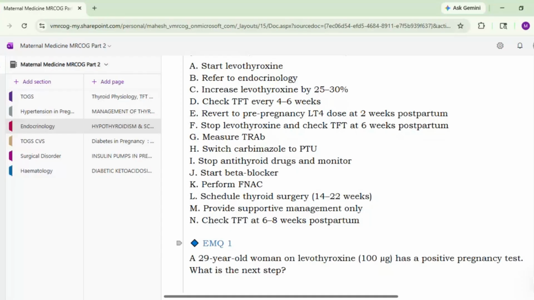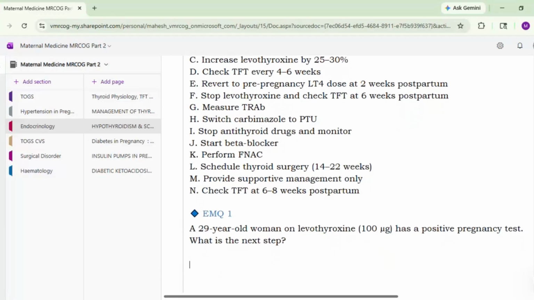Another option is we can add 50 microgram per day to the daily dose, but they don't have that. 25 more than 100 is 50. Please do not get confused. So here the best option will be C.